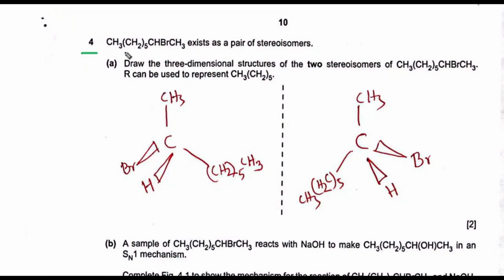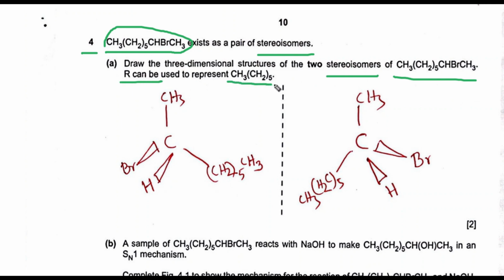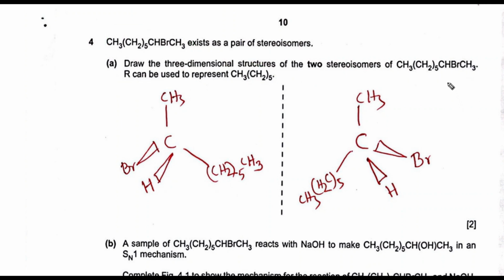Number 4, this organic molecule exists as a pair of stereoisomers. Draw the 3-dimensional structure of 2 stereoisomers of this molecule. R can be used to represent CH3CH2 whole 5. So this molecule has 1 chiral carbon, so it will show optical isomers, 2 optical isomers.